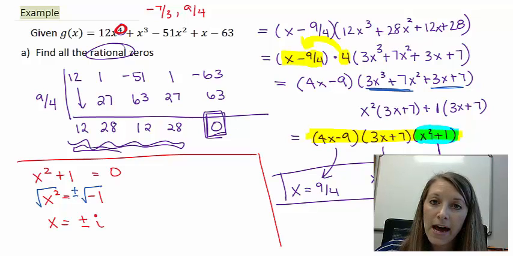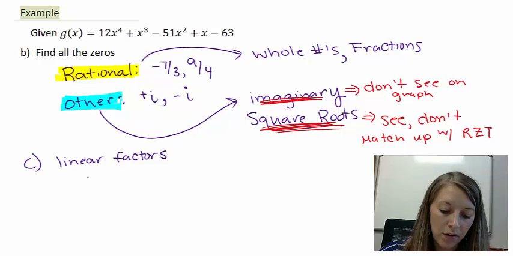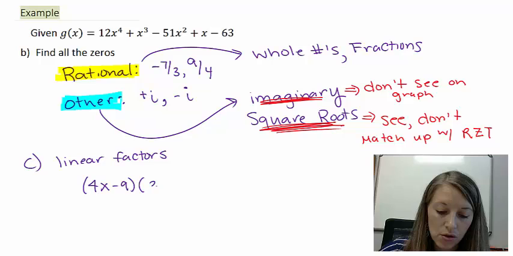So I'm going to factor it in the knowledge of if this is a 0, then x minus this is a factor. So I have my 2 factors of 4x minus 9 and 3x plus 7, and then x minus i is a factor and x plus i is a factor.